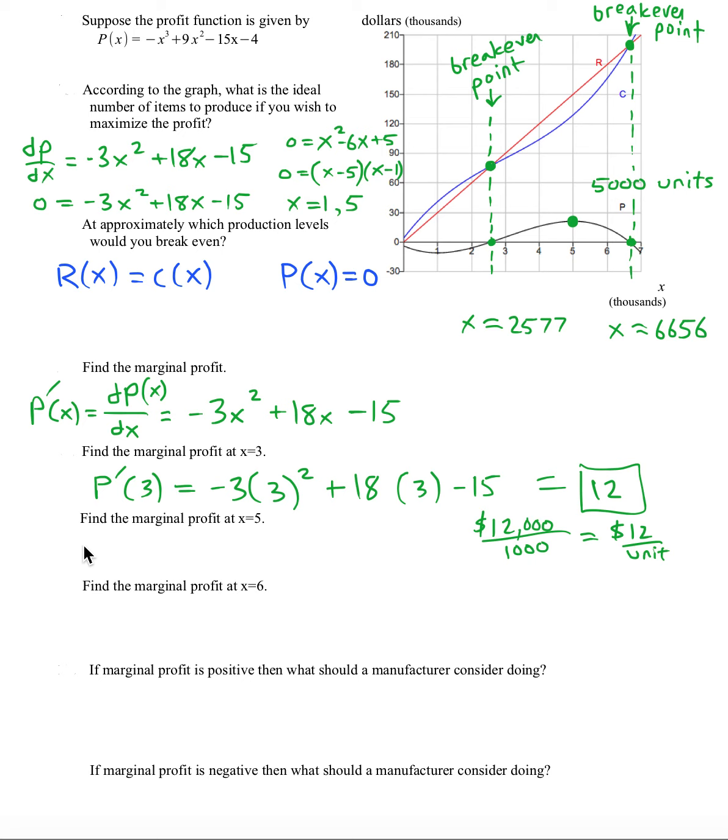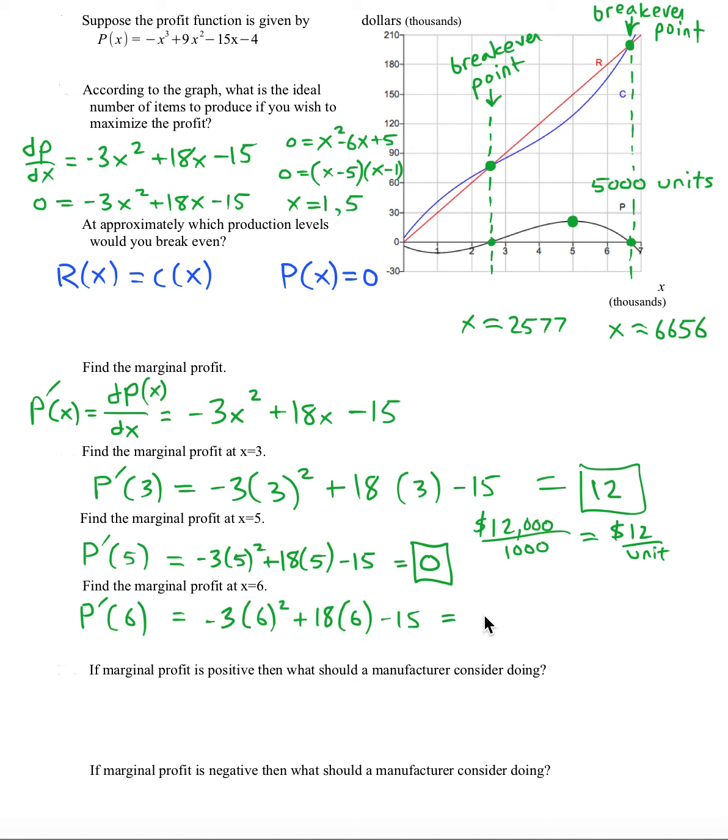We'll find the marginal profit at x equals 5. That's actually going to be 0. And the marginal profit at x equals 6. Negative 15, which is negative $15 per unit.